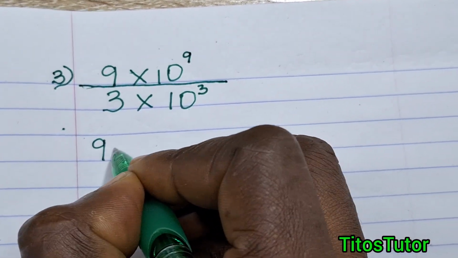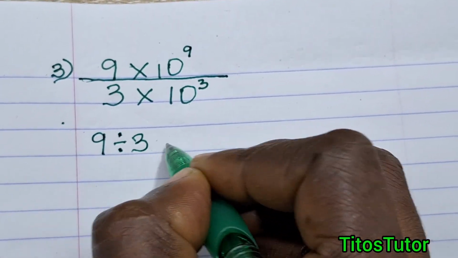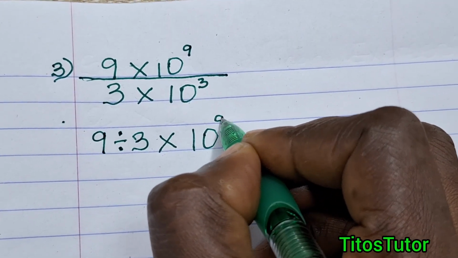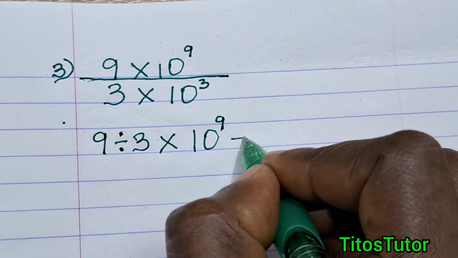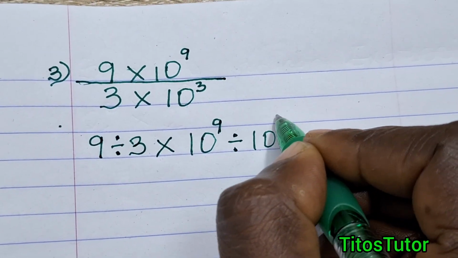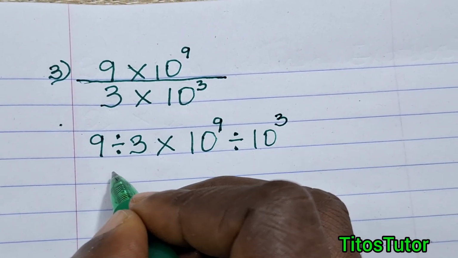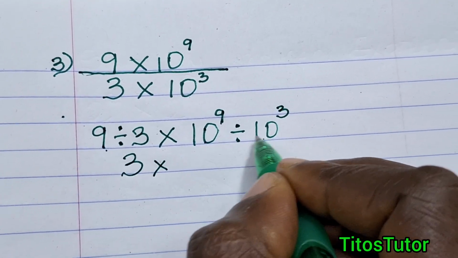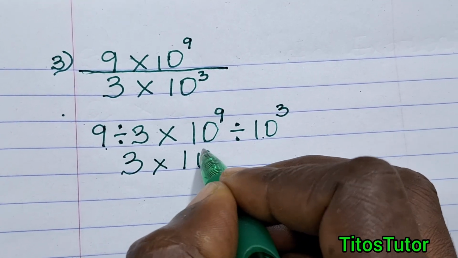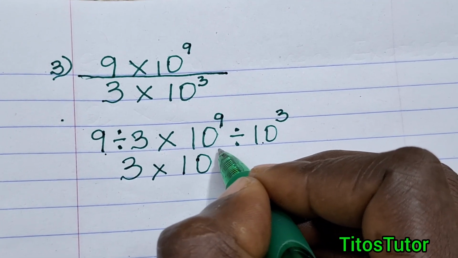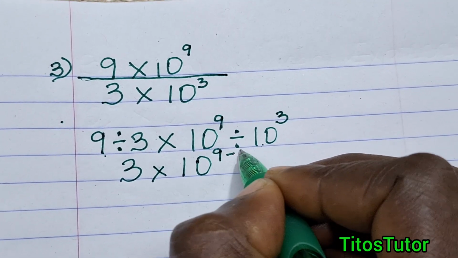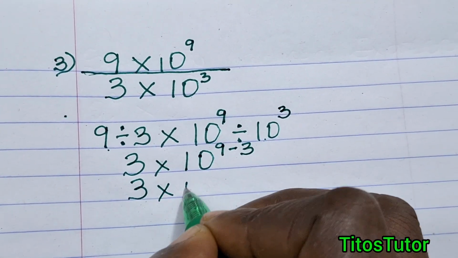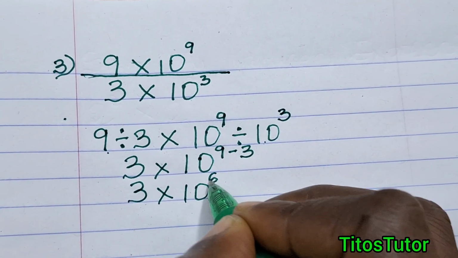So it is 9 divided by 3, which is obviously 3, multiplied by 10 raised to the power of 9 divided by 10 raised to the power of 3. So I have 9 divided by 3 is 3, multiplied by, I choose one of the powers applying the quotient law of indices, and I subtract their powers. So this is 3 times 10 raised to the power of 6.